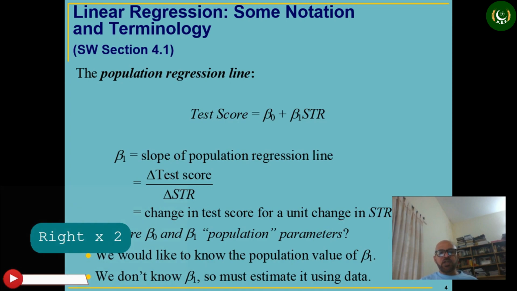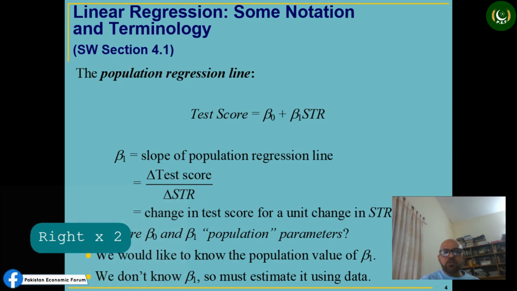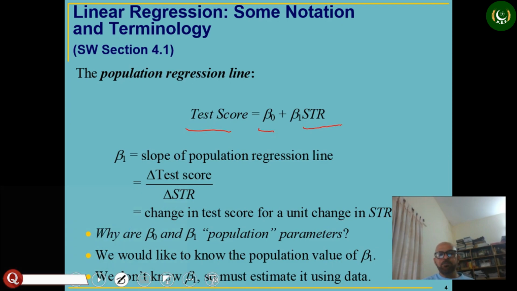So what is our population regression function? Our population regression function is simply that test score is equal to beta naught plus beta 1 times student teacher ratio, class size. We'll focus on beta 1, the slope coefficient. We'll not focus on beta naught a lot in this cross-sectional data.